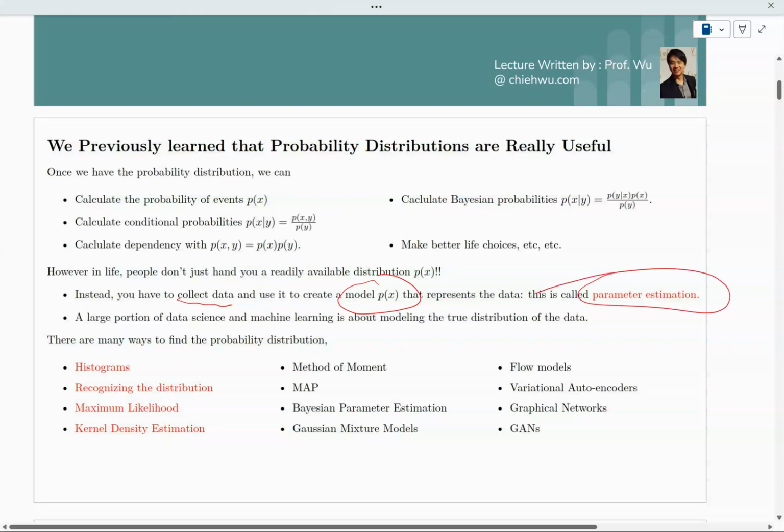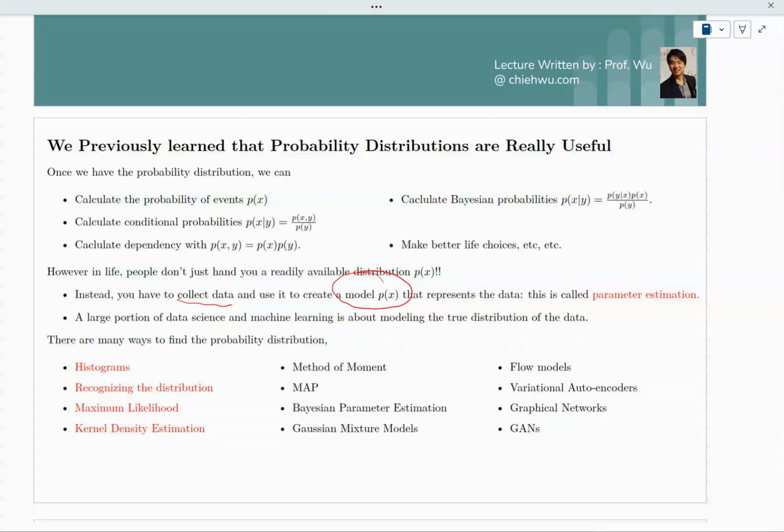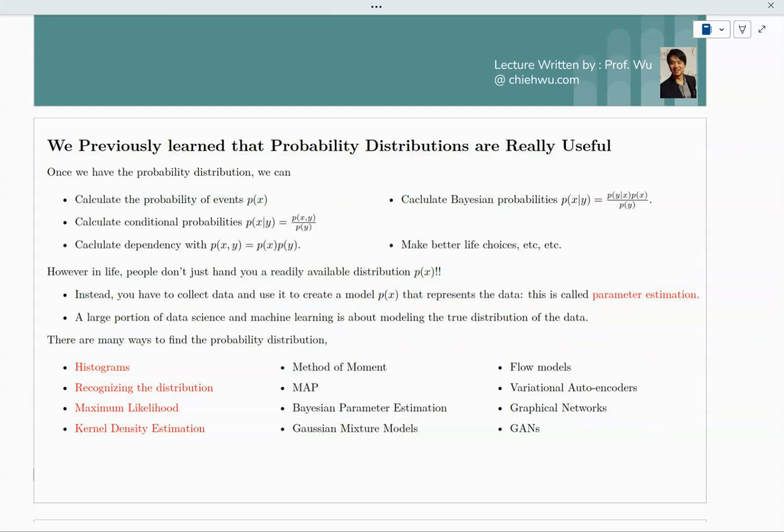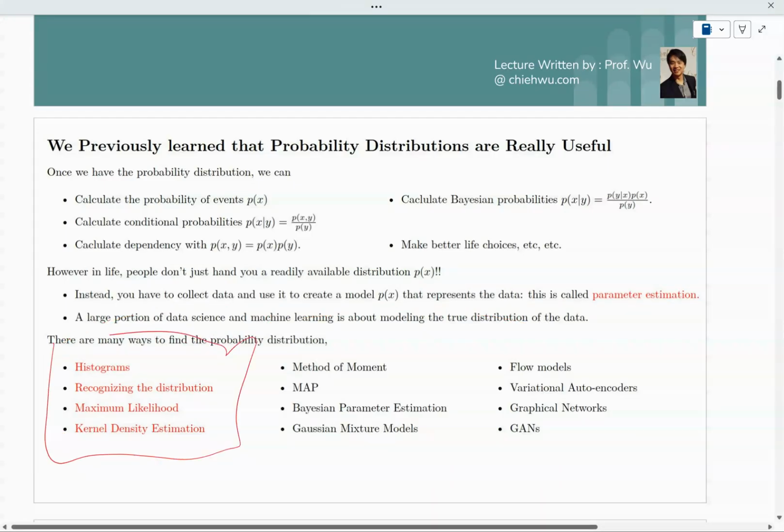A large portion of data science and machine learning is basically the process of learning this probability distribution, P of X. There are many ways to find a probability distribution. Here's a short list of a whole bunch of them, and we're going to go over the most basic methods, which are shown in red.